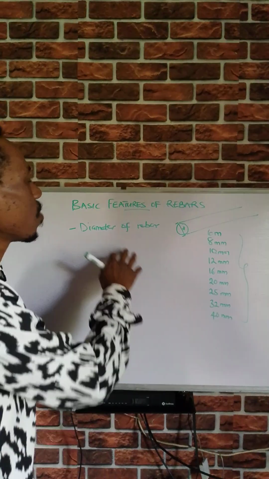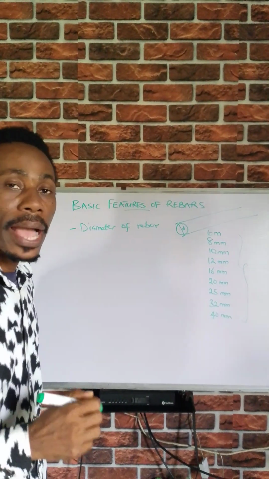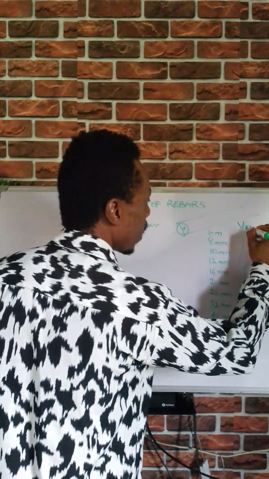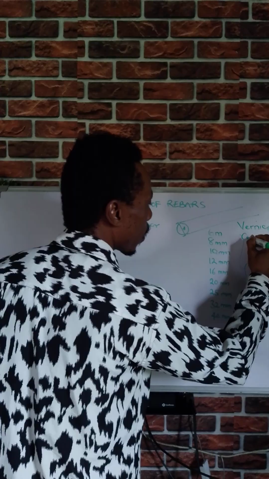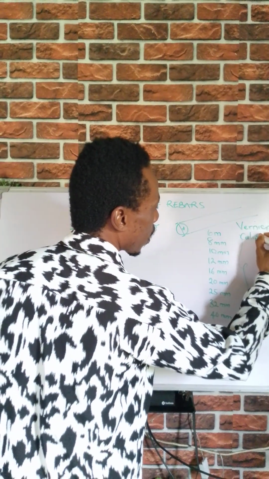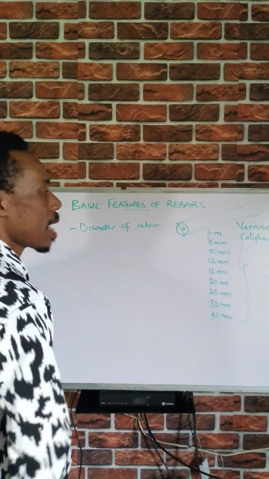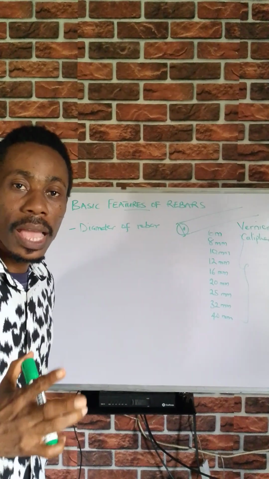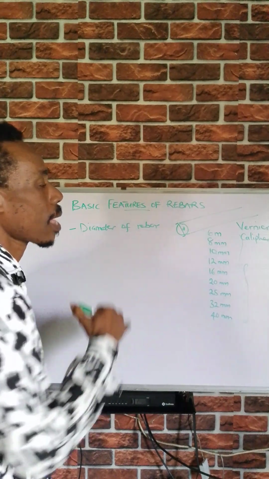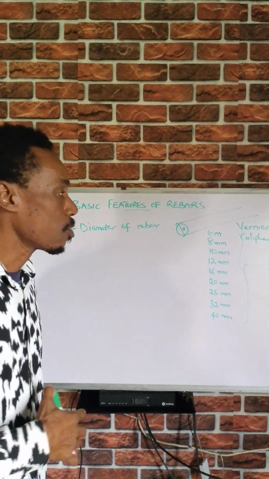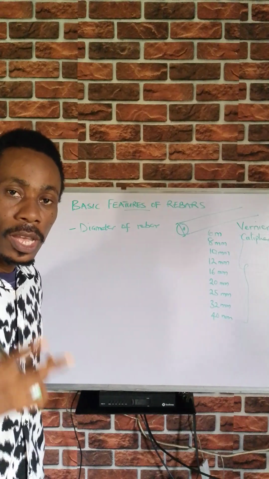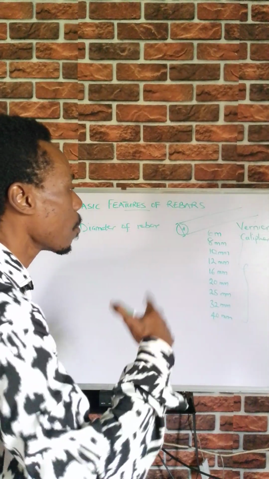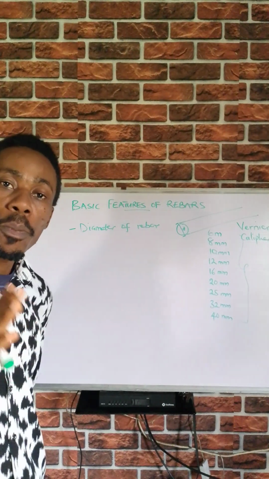How do we verify the diameter of our rebar? We can use our vernier caliper, which gives accuracy in determining the diameter of our reinforcement. You can also use a micrometer screw gauge. It is important for good quality control practice.